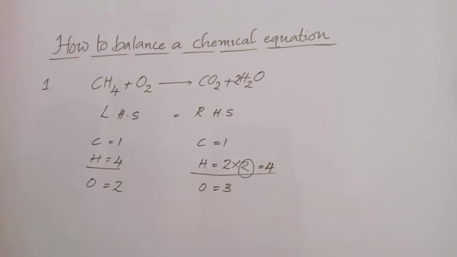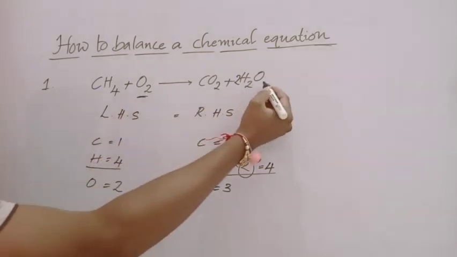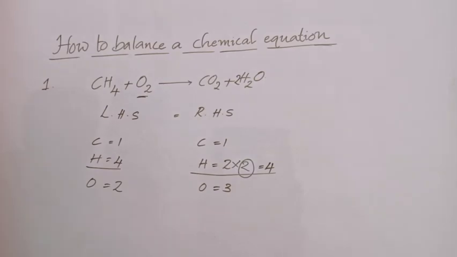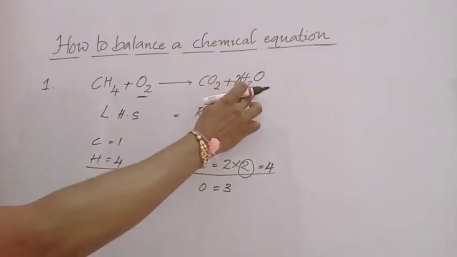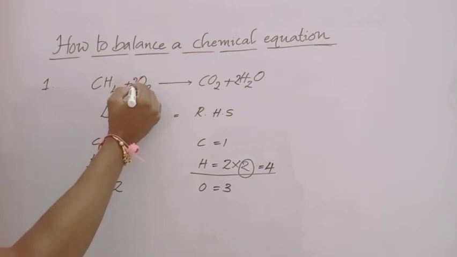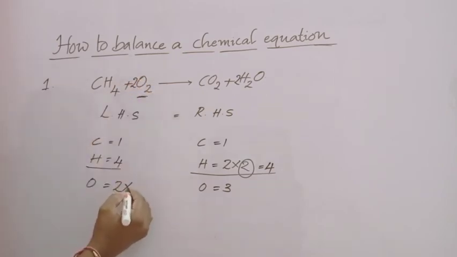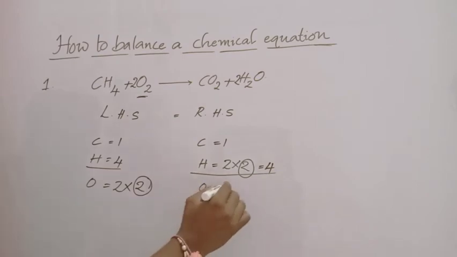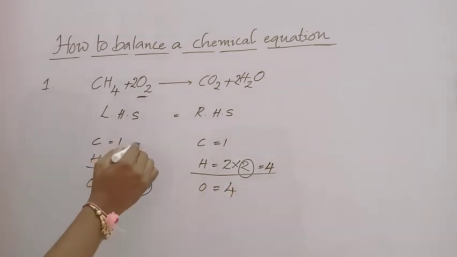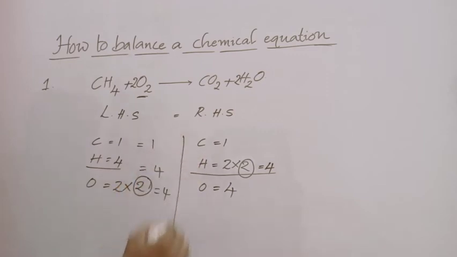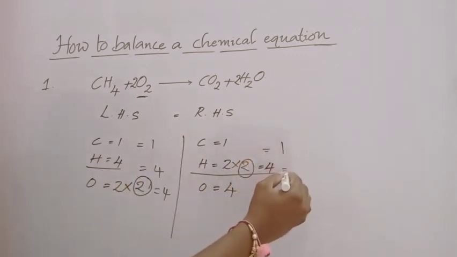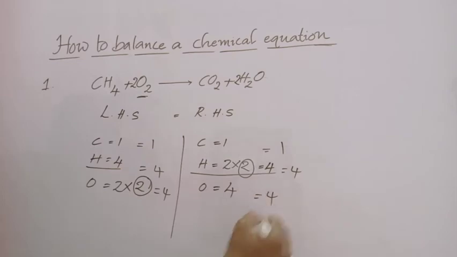Next, go for the oxygen. On the left it is 2, on the right it is 2 plus 2, which is 4. How can you change it? The right has the higher number of oxygen, so we have to change the left. The multiplier is 2, so the left oxygen number becomes 4.